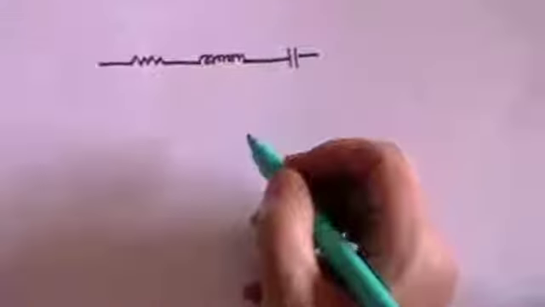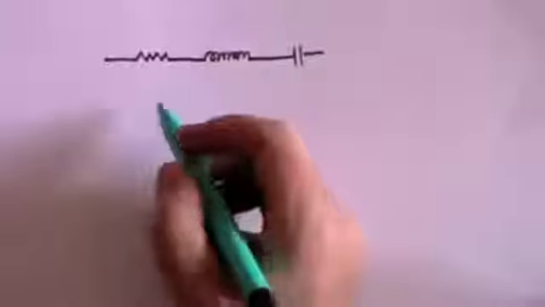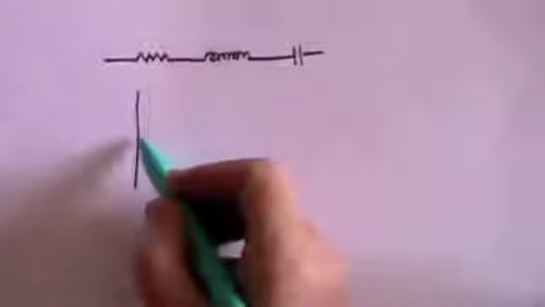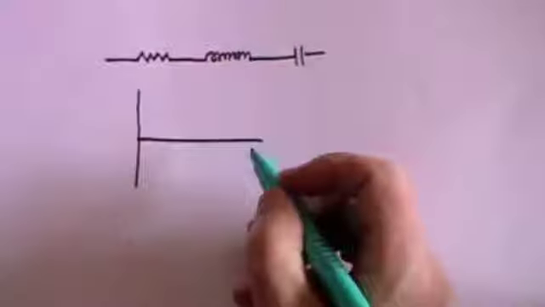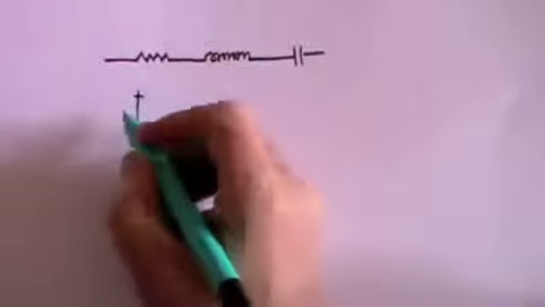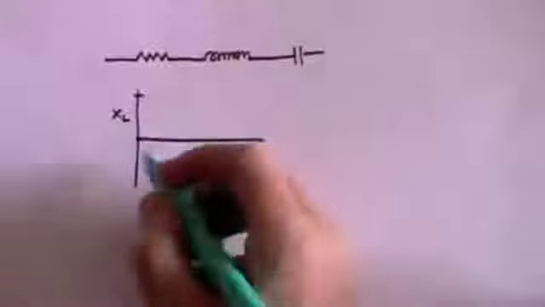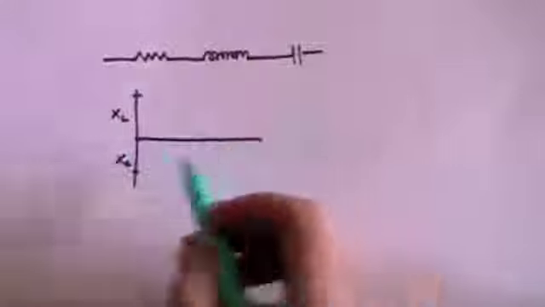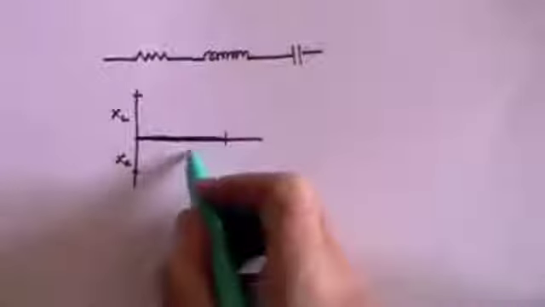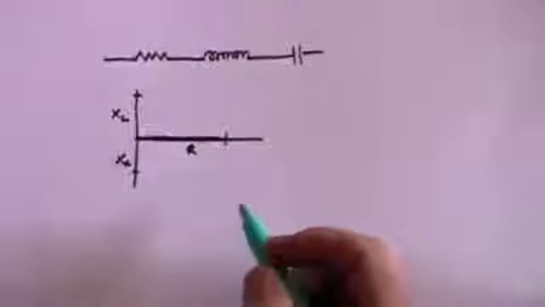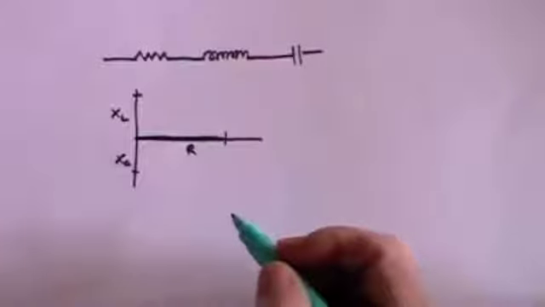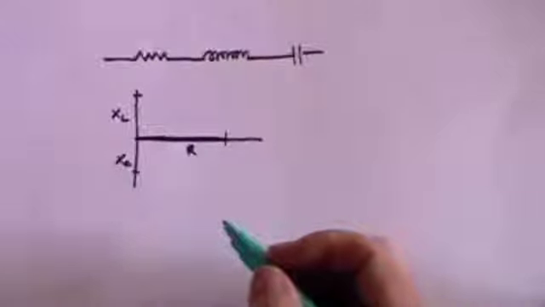So what are we going to do if we have all three components in a circuit? A resistance, an inductance, and a capacitance, all in the same circuit. Well, we plot our phasor diagram, which is going to have three elements on it. Firstly, it's going to have an inductance, XL, then it's going to have a capacitance, XC, and then it's going to have a resistance, R. And how are we going to construct our diagram in order to do our Pythagoras?